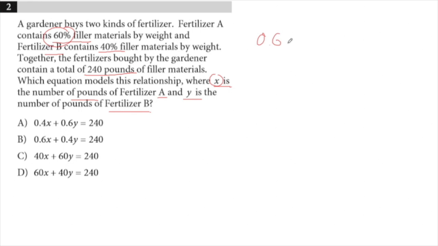The total material from A is 0.6 times X, and it's the same with 0.4 times Y. And the total of them you will get is 240 pounds. So here is the equation, and it corresponds to B. So B is my final answer.